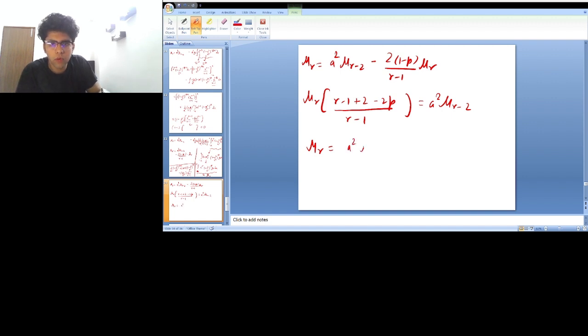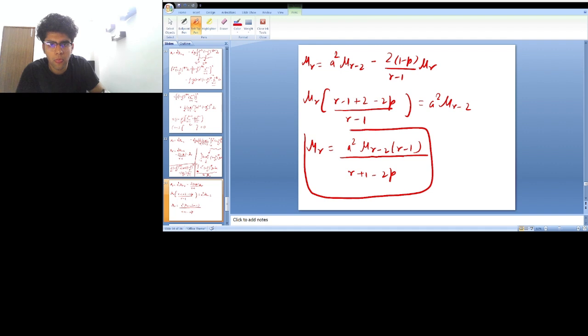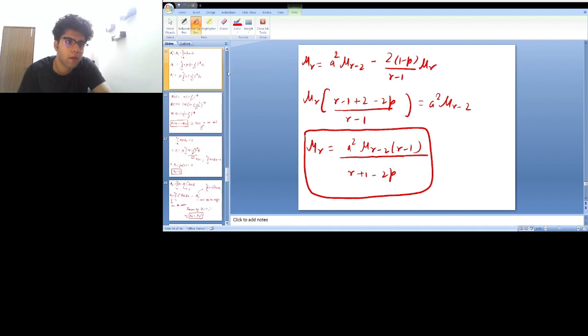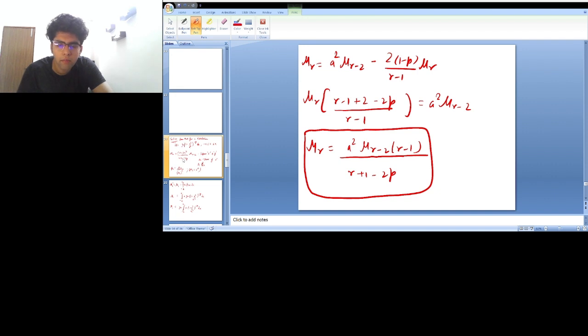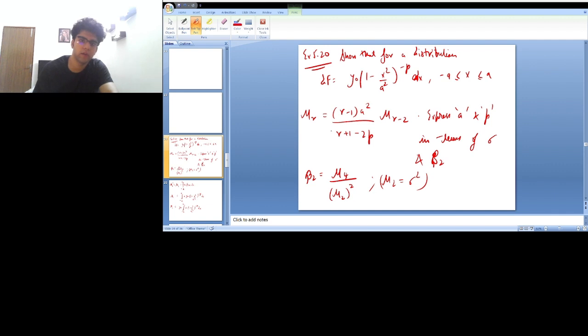So this will give me a square mu r minus 2 into r minus 1 divided by r plus 1 minus 2p, and this is what we need to show. Let's just check if we need to show this only. R minus 1 a square mu r minus 2 divided by r plus 1 minus 2p, right? So we need to show this only, and we have proved this.